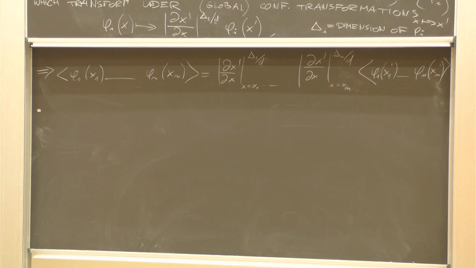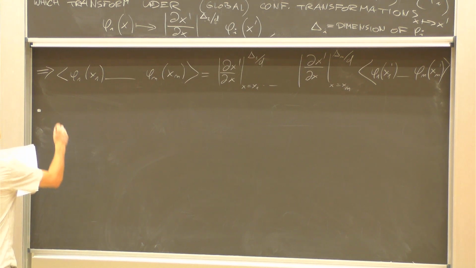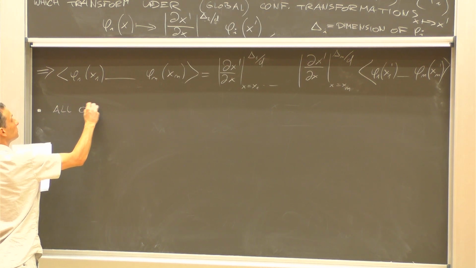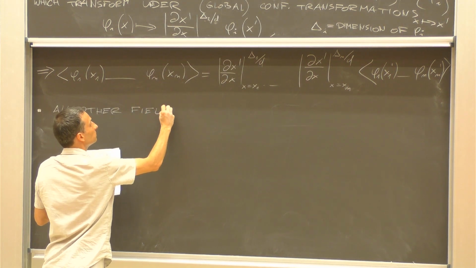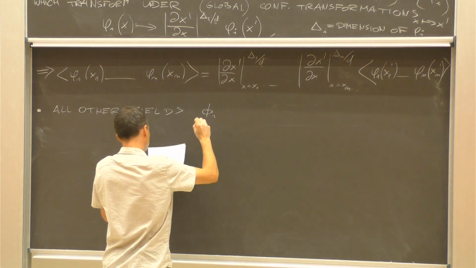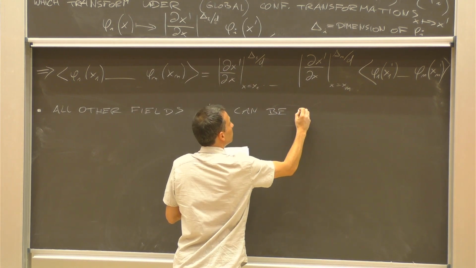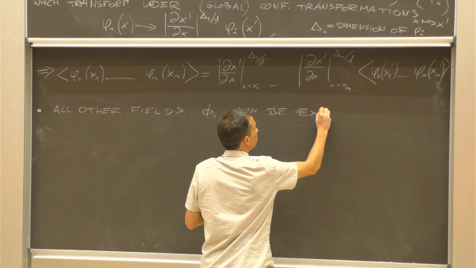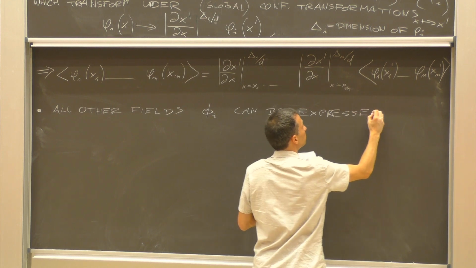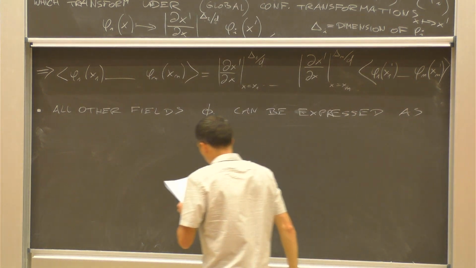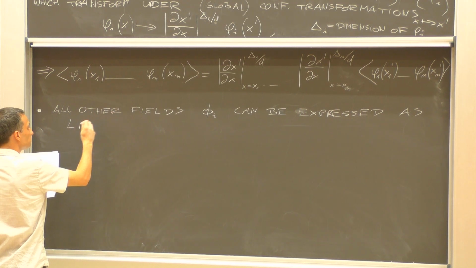And the next statement is that other fields, apart from quasi-primary, can be expressed through these quasi-primary fields as linear combinations, possibly of derivatives.